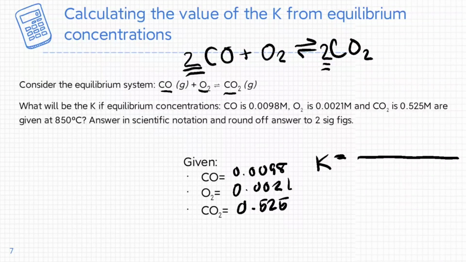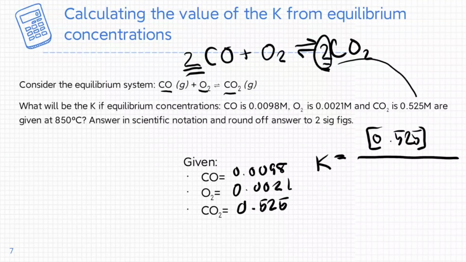What goes in the numerator? The product. So, 0.525 and then you include the coefficient, 2. And then your reactants at the bottom. Carbon monoxide is 0.0098, squared.